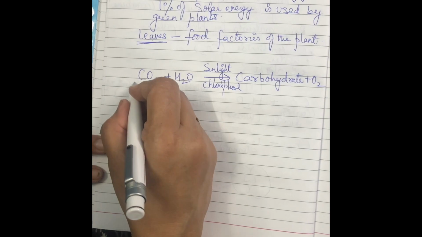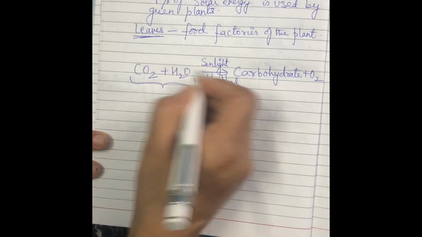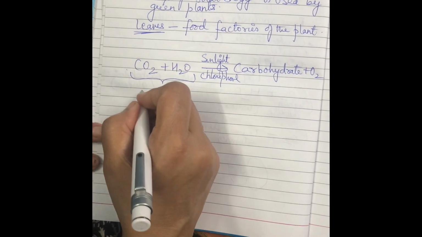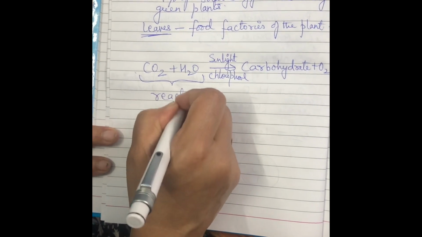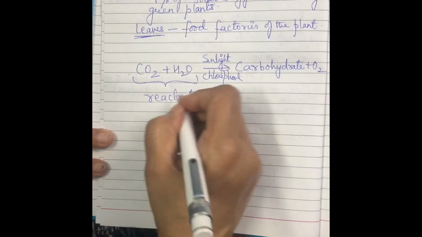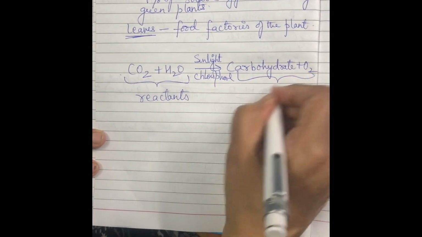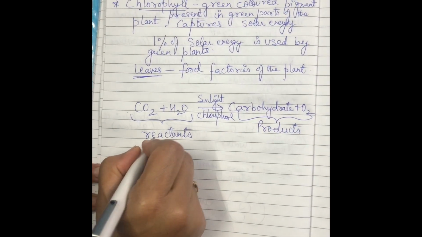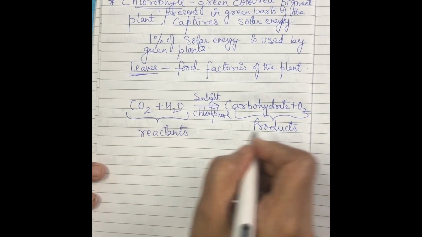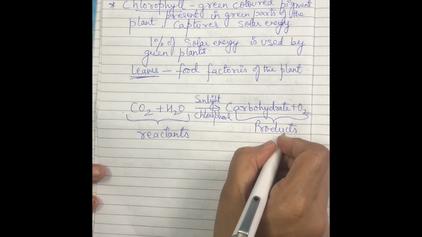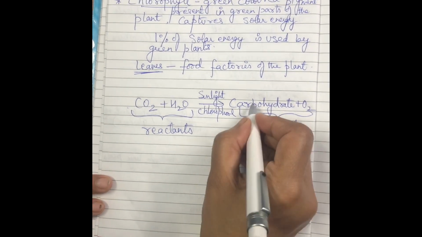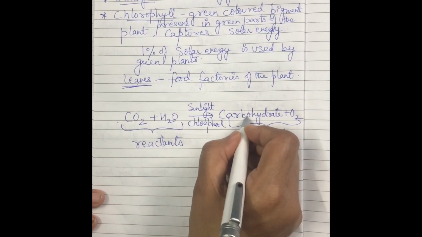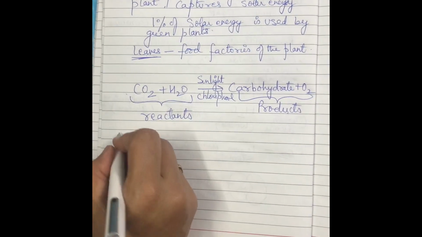The left hand side of the arrow, these are known as reactants. And what is formed on the right hand side, they are known as the products. So these are the reactants of photosynthesis, and these are the products of photosynthesis. Main product is carbohydrate or glucose.